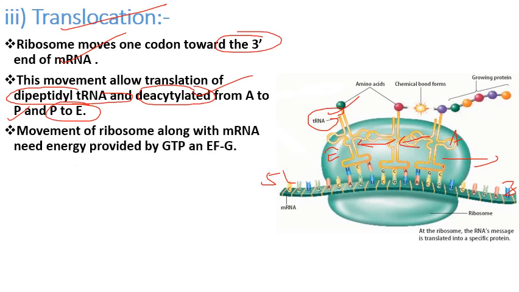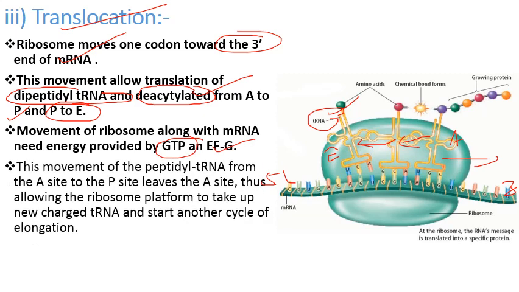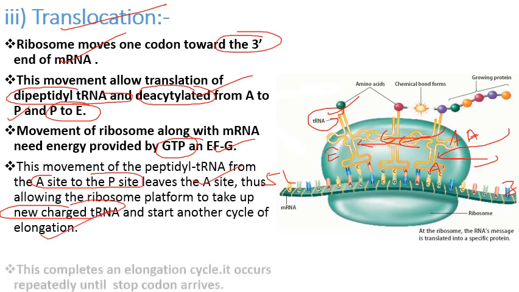The movement of the ribosome along the mRNA needs energy, which is provided by GTP and elongation factor G. This movement of peptidyl tRNA from the A site to the P site leaves the A site empty for the next tRNA molecule, thus allowing the ribosome to take up a new charged tRNA, which will enter the A site and start another cycle of elongation.